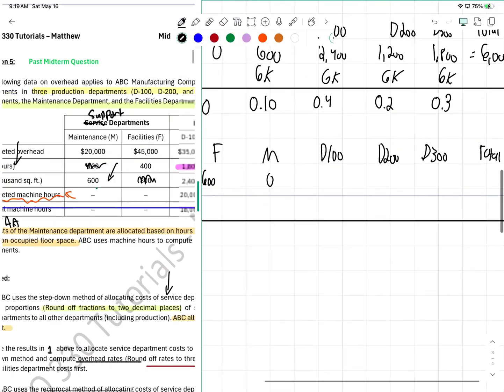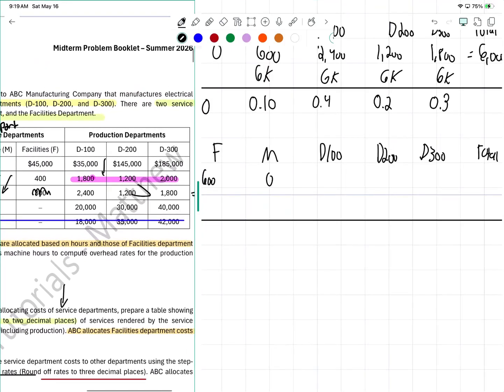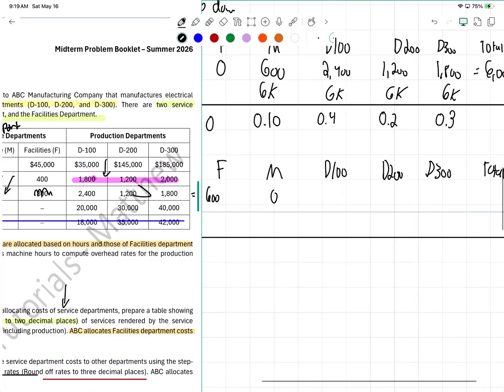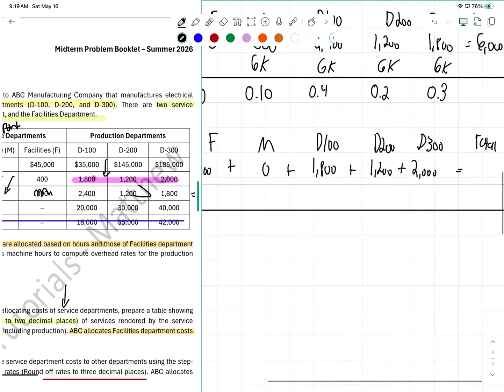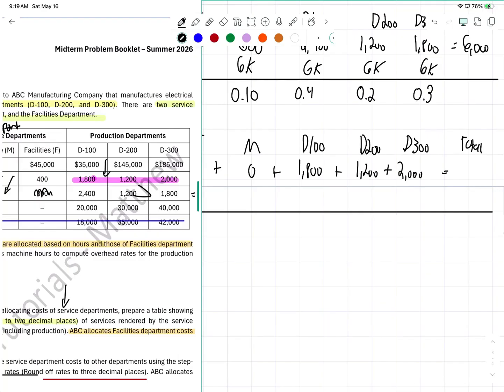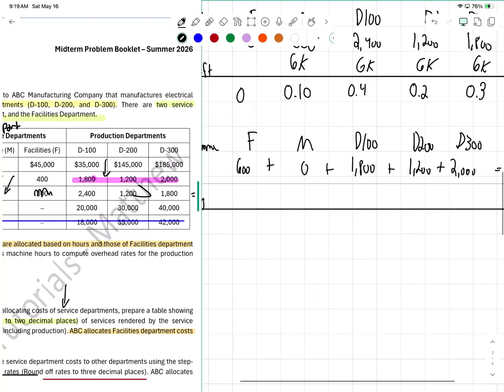Then D100, now we're basically copying what we did before. So we have the 1,800, 1,200, 2,000, and I'm going to add up everything. And that's going to give me, let's see here, 5,400. Whoop, oh my God, did I read the wrong number again?